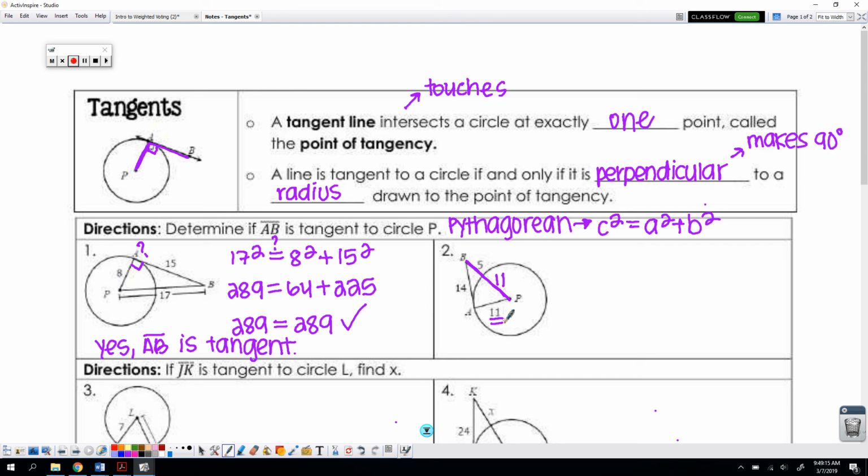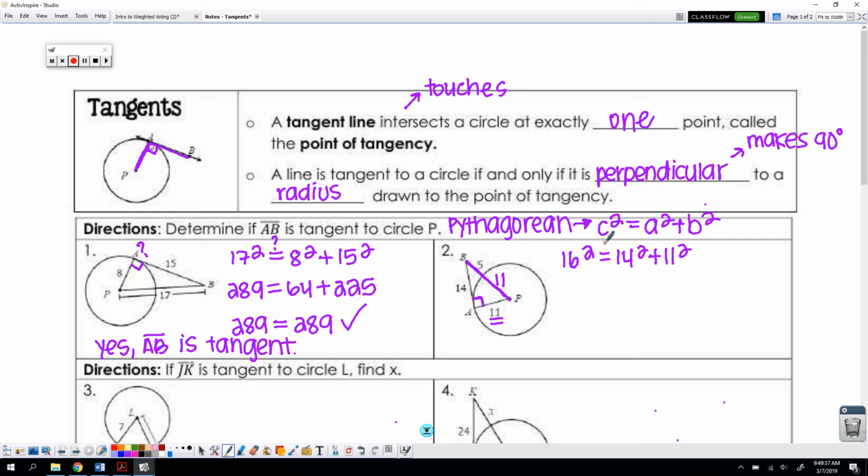So when we do the Pythagorean theorem, the right angle should be right here if we have one. Which one is the hypotenuse? Correct, it's 16. So 16 squared equals 14 squared plus 11 squared.